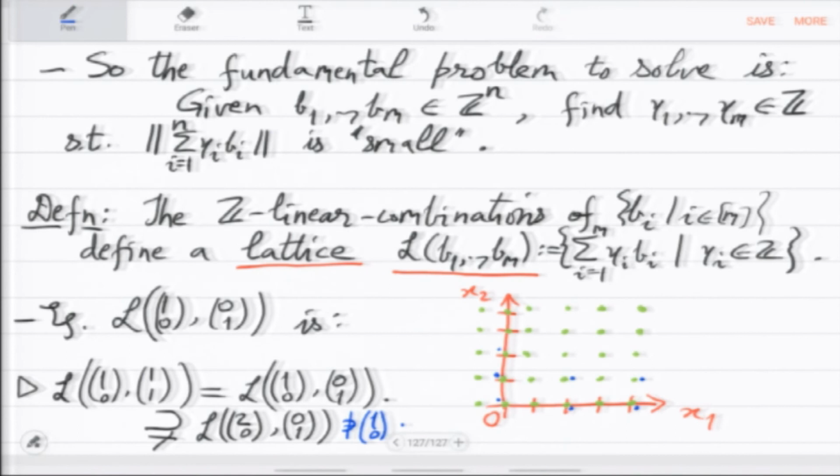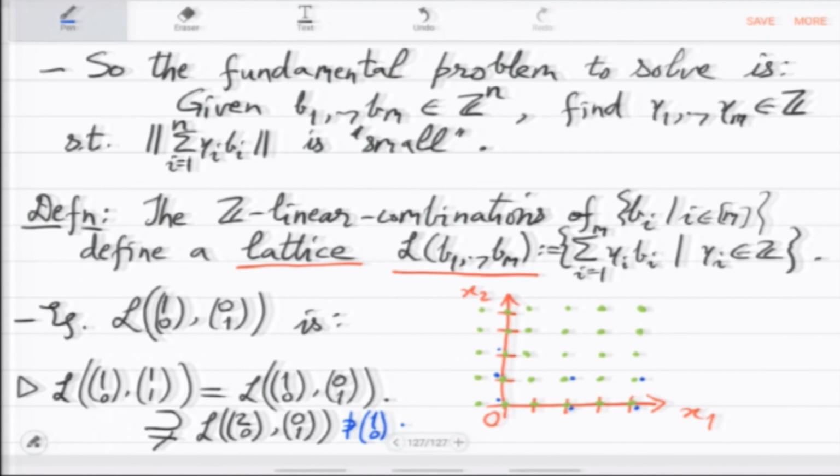Okay, so what is the question in this lattice that we are interested in? The question is, given a lattice, find a vector in the lattice which is small. For example, you can ask the idealized question: find the smallest vector in the given lattice.